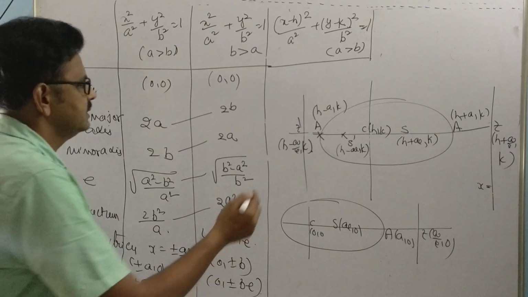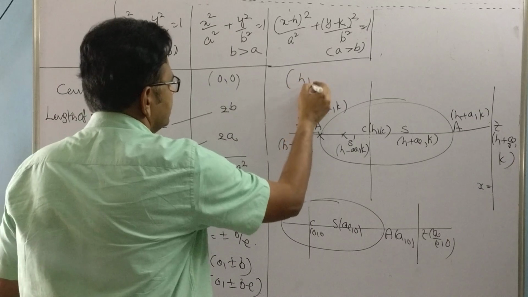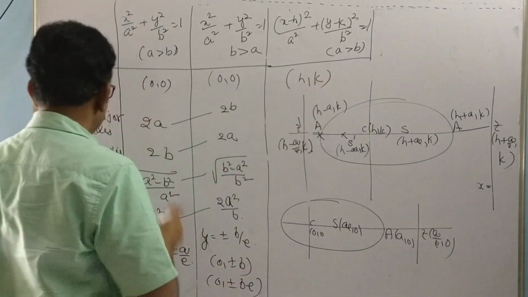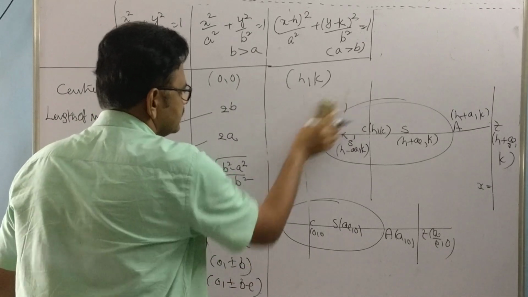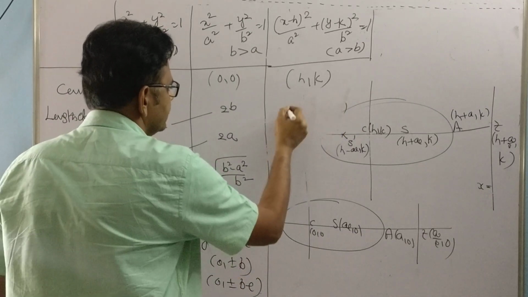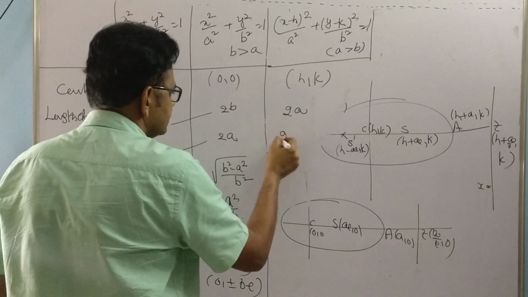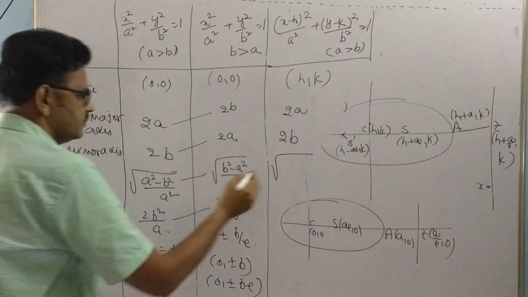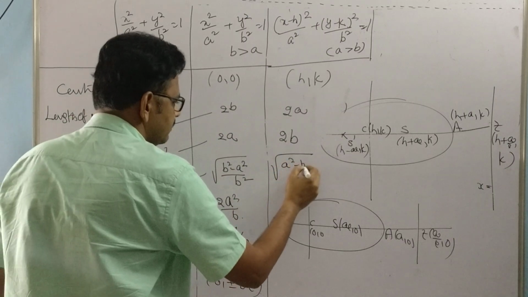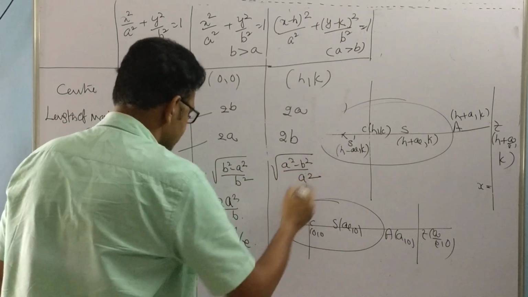Now I can write: center is (h, k). Length of major axis 2a. Length of minor axis 2b. Eccentricity same, root of a square minus b square by a square.